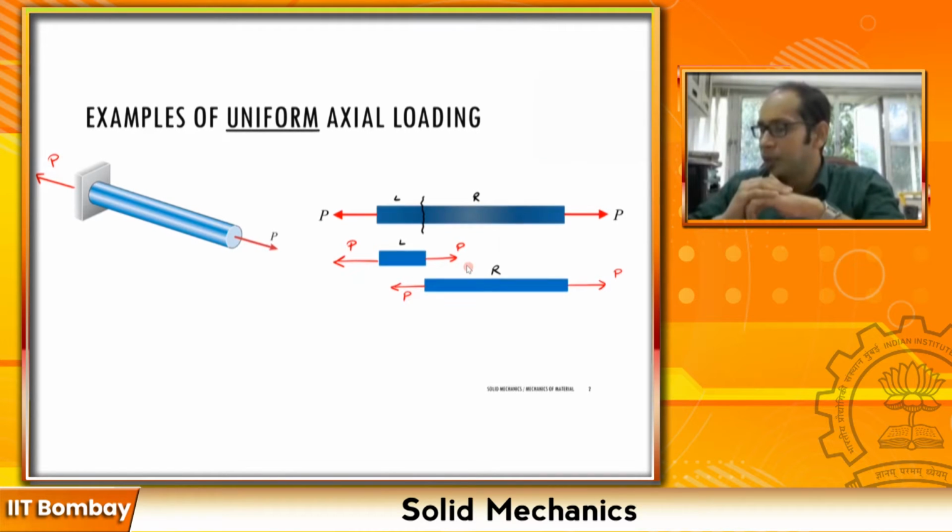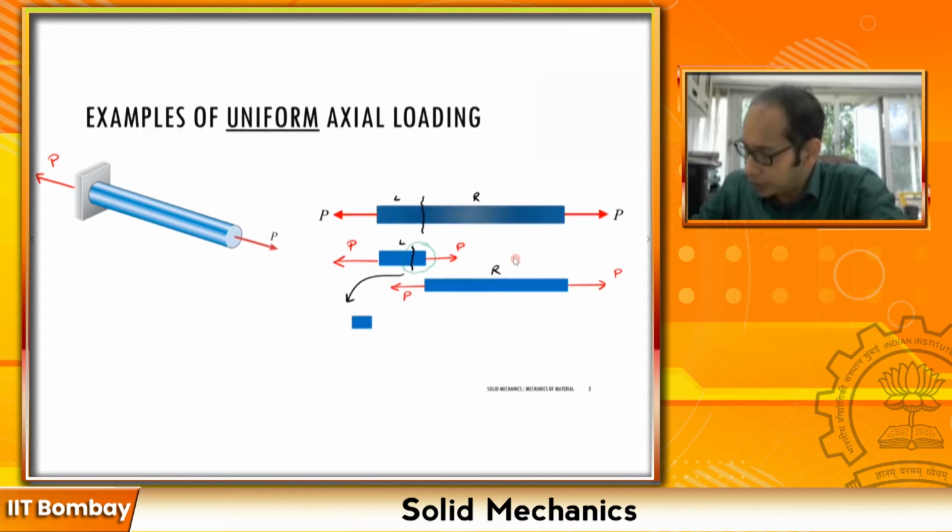Now if I discretize it even further, and cut another smaller section over here, what do I have? For that small section which I just cut, I have a force P, this particular force over here.